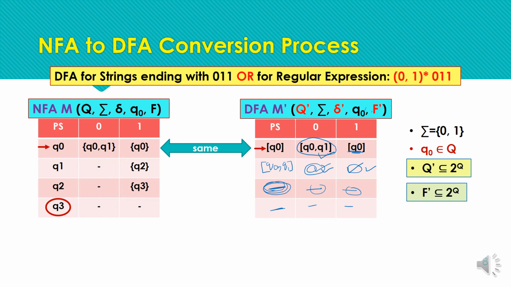Means we have to repeat this process as long as there is any new state. Please consider these newly identified states in the sequence of their identification, otherwise you can miss some of the states. There is no hard and fast rule to consider the states in sequence, but otherwise there are chances that you can miss some of the states.